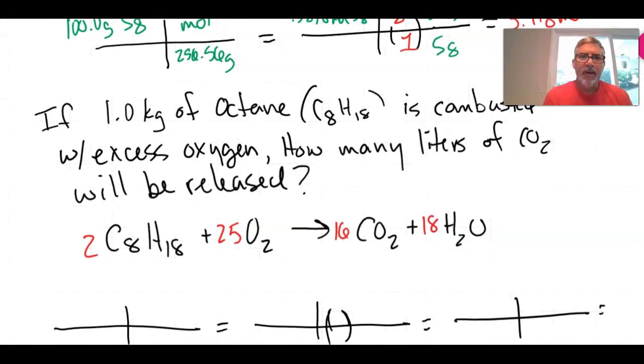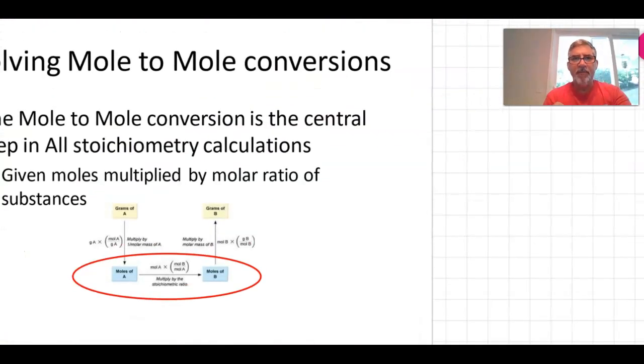All right, I have a kilogram of octane, right? It's combusted with excess oxygen. How many liters of CO2 can be released? All right, so my start is here. How many, my question? So my end, my finish, is at liters of CO2. Let's come all the way back up here again.